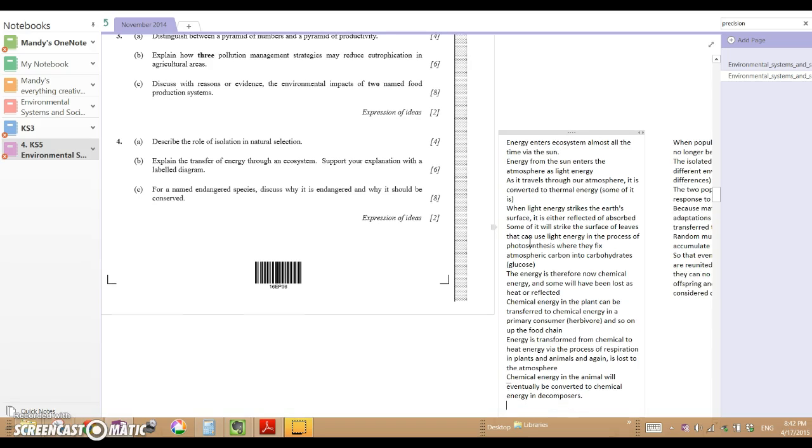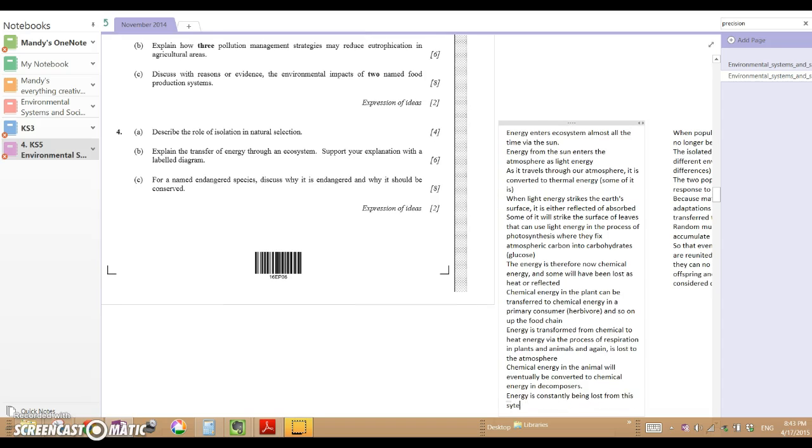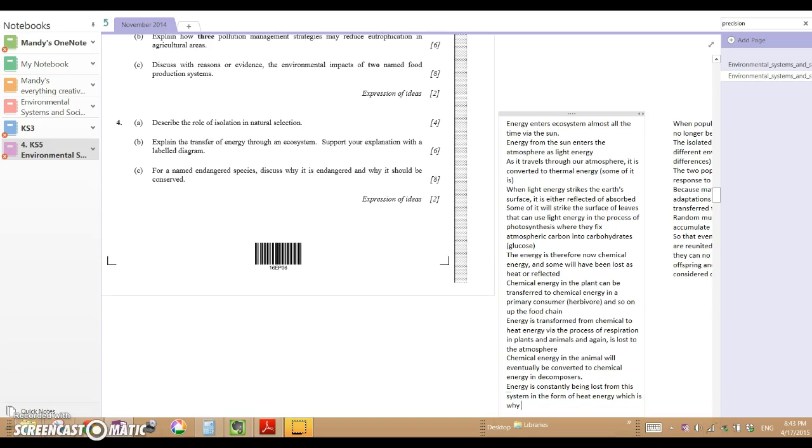But something I want to get in here is that energy is constantly being lost from this system, right? In the form of heat energy, which is why food chains are limited in length.